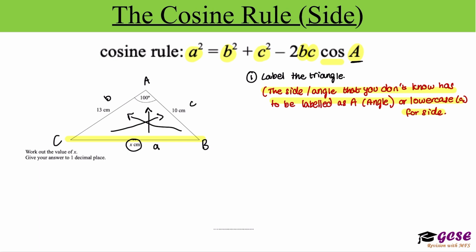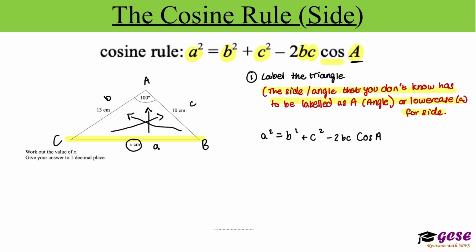If we have a look at this formula, we have a squared equals b squared plus c squared minus 2bc cos A. Now, we can substitute in our values because we're given them in the question.